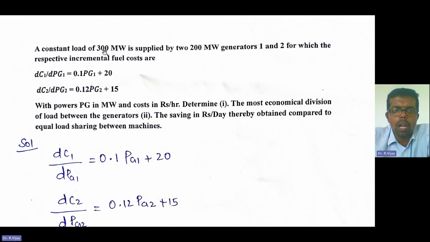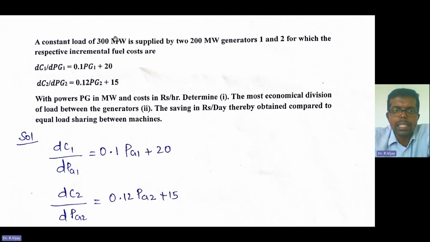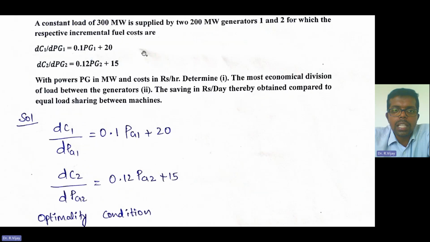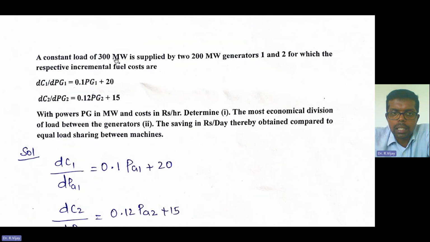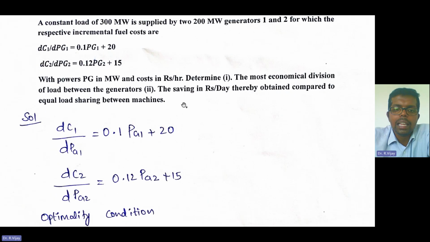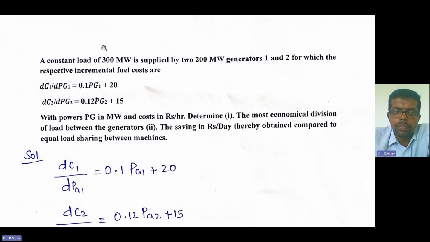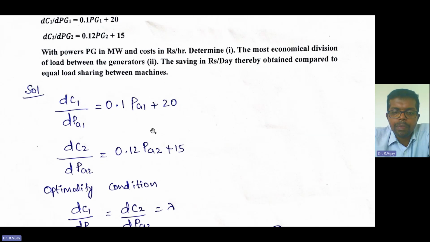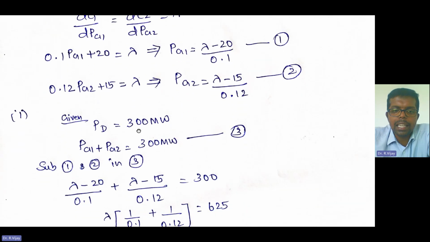That is, a constant load of 300 megawatt is supplied by two 200 megawatt generators. They also give the generator size, just to confuse you, so don't confuse between the load and the demand. The constant load of 300 is the demand. So PG1 + PG2 = 300 megawatt.